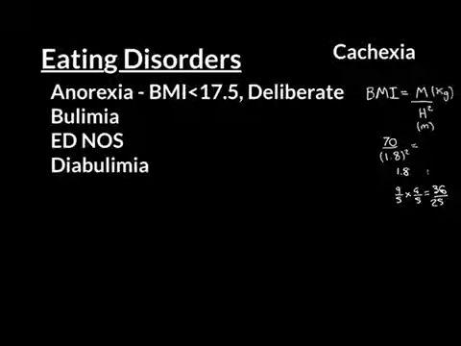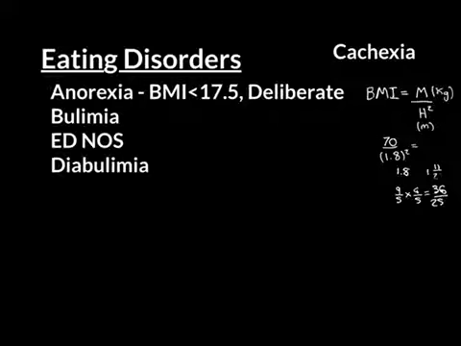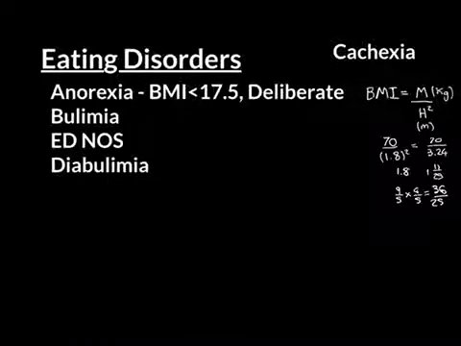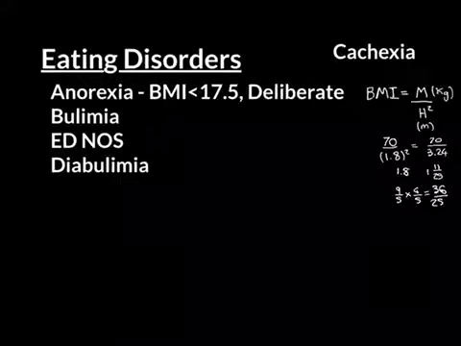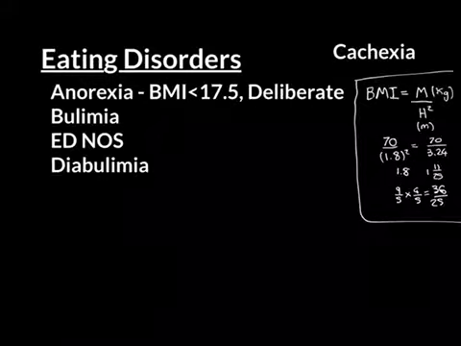So 1 and 11 over 25, which is 1.44. So you'd then have 70 divided by 3.24, whatever that is. And it will come out probably at around 20, most likely. So just a demonstration of how to calculate BMI. So it's weight, or strictly speaking mass, in kilograms over your height squared.